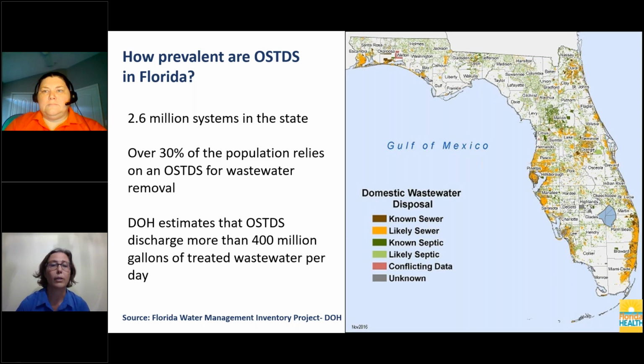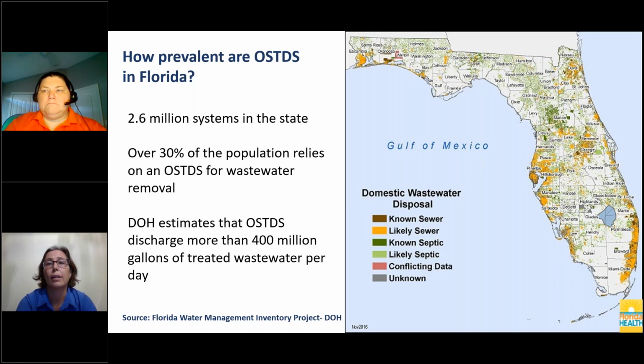What I've shown here on the right is a map from DOH, who have a phenomenal program. It's a project called the Florida Water Management Inventory Project. If you look up this website, it's an interactive map talking about tools. In green, they've mapped out known septic or likely septic land parcels, and you'll see that sewer and likely sewer are in yellow and brown.